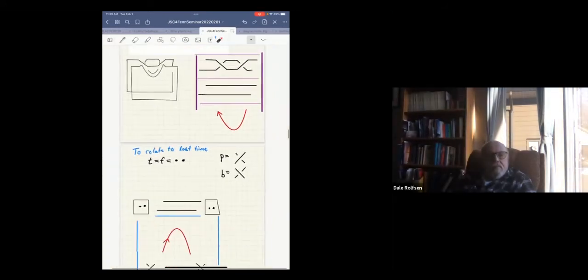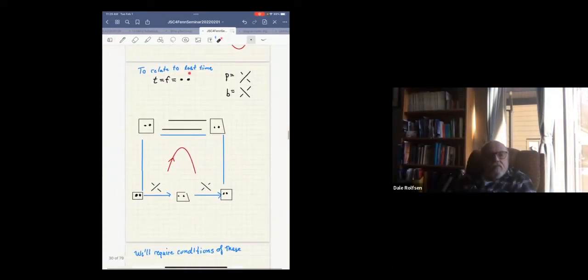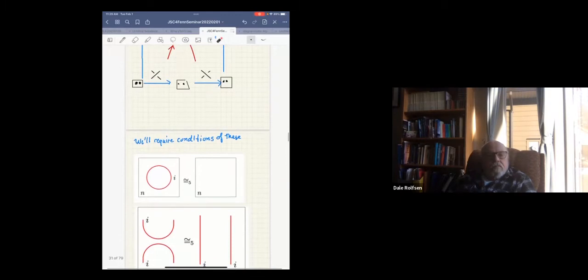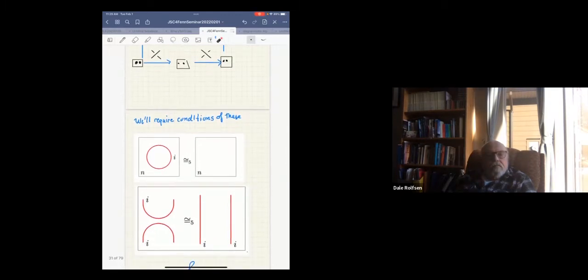To relate this glyph to what we did last time, we're going to take our T and F both to be 2 points. P and B is either going to be a negative crossing or a positive crossing. So when you go from 2 points to 2 points by means of a negative crossing, then by means of a positive crossing, you can take that composition and compare it to the identity on 2 points, which would be straight strings. We'll require conditions of those glyphs.